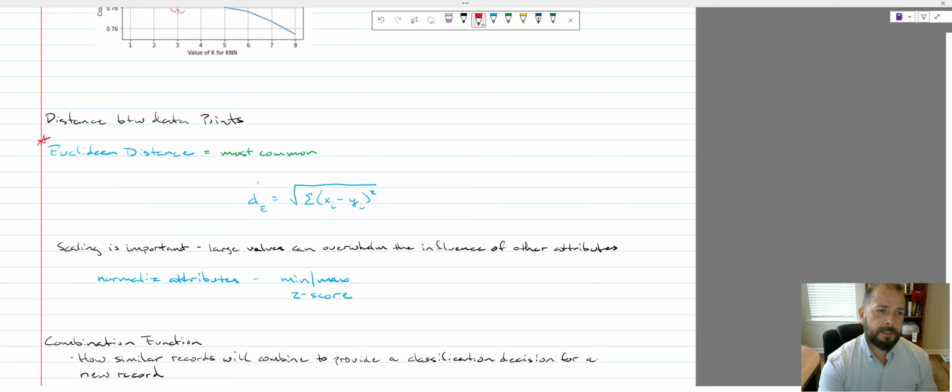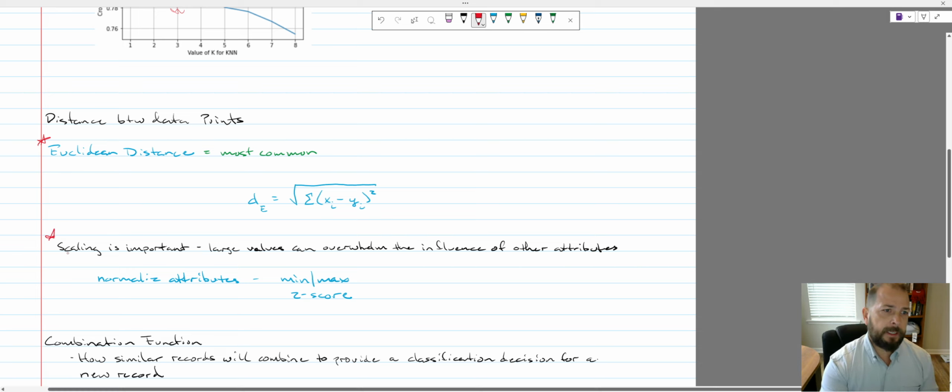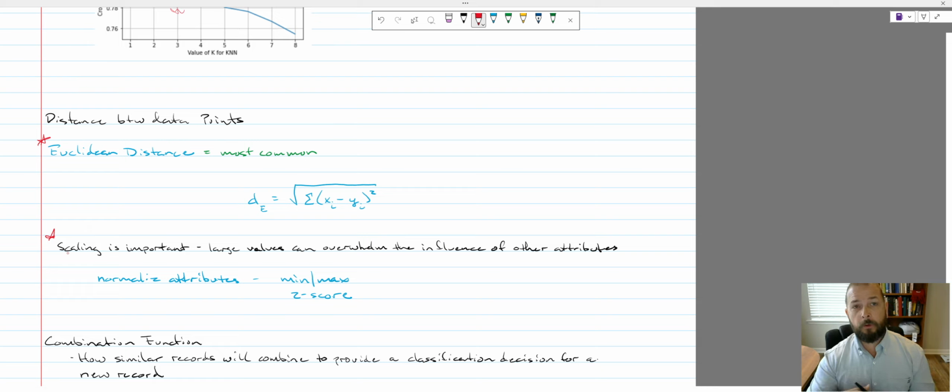The most important thing to take away from this is that the scaling when determining the Euclidean distance is important. Large values can oftentimes overwhelm the influence of other attributes. Think about the example I gave with baseball.